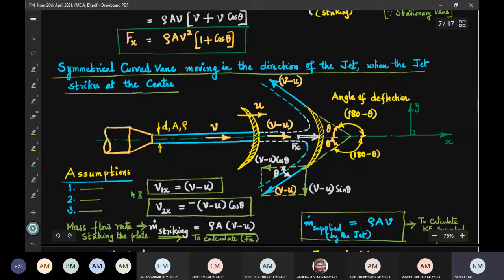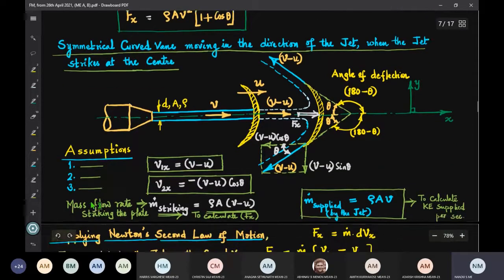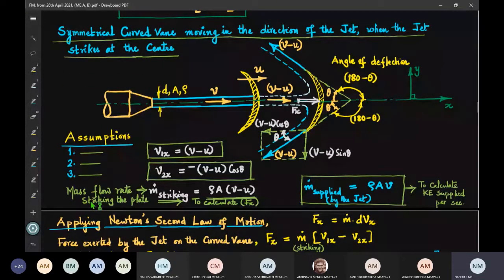See, I didn't tell you about the assumptions, and as I told in the previous class, throughout the topic impact of jet on vanes, we have these assumptions to make for our result to be valid. So assumptions: the surface of the curved vane in this case is perfectly smooth and frictionless, and there is no loss of kinetic energy due to shock, and the jet which we are providing is steady.